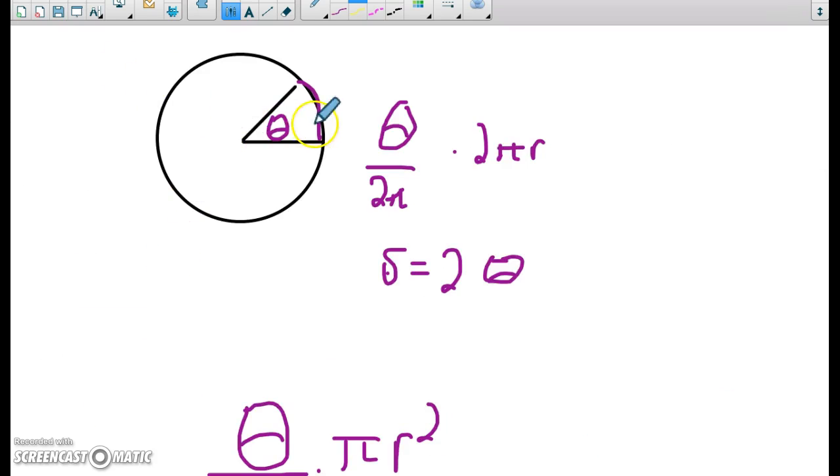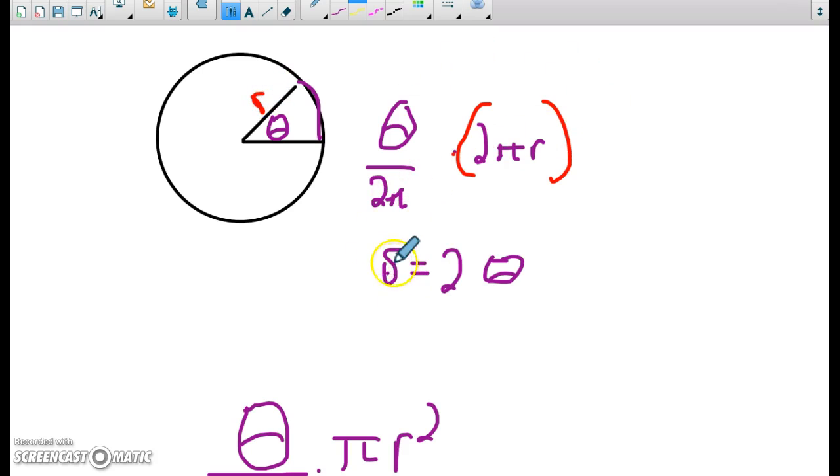Now I just wanted to illustrate something for you. If I always wanted to use radians, so if this theta represents the measure of the angle in radians, then the ratio of this angle to the entire circle is theta over 2 pi. Then I want to multiply that by the circumference of the circle. This r can be any value.